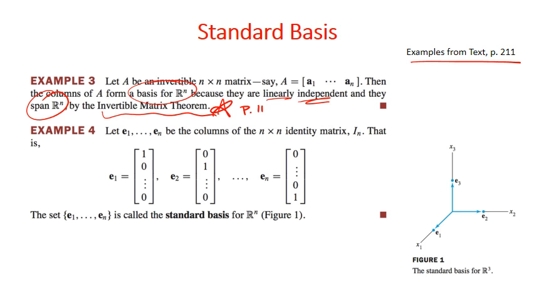I believe it is page 114. You might want to bookmark that. Then example 4 talks about these different vectors, which are the columns of the identity matrix, and this set is called the standard basis of Rn. So this is kind of like the parent graph or the parent function.